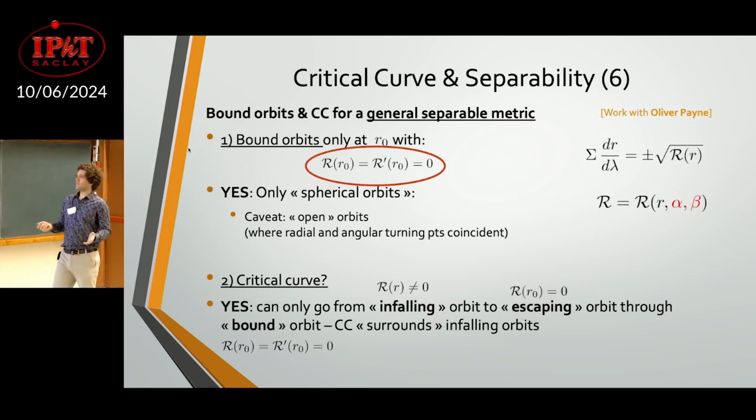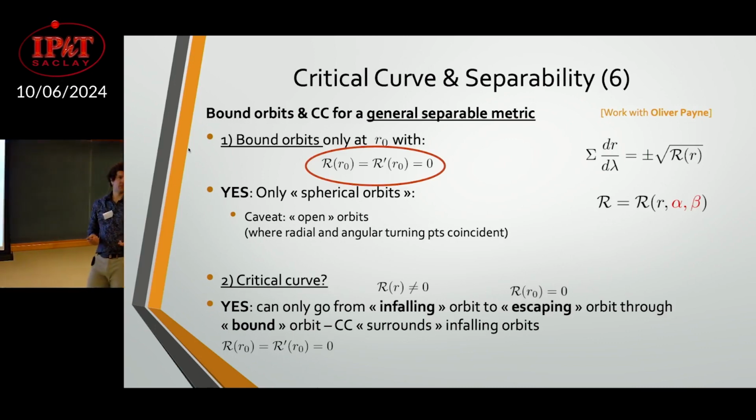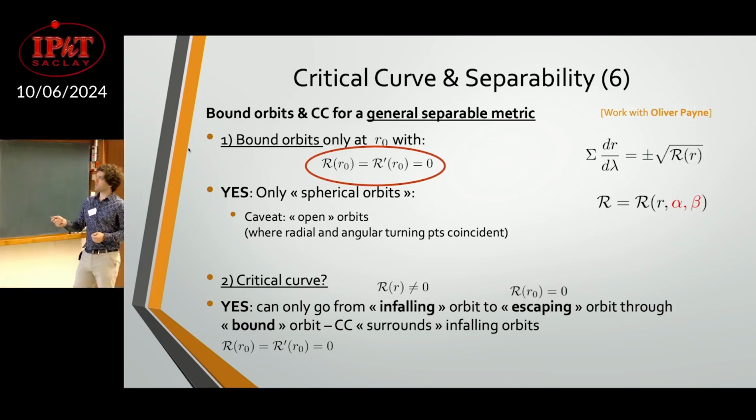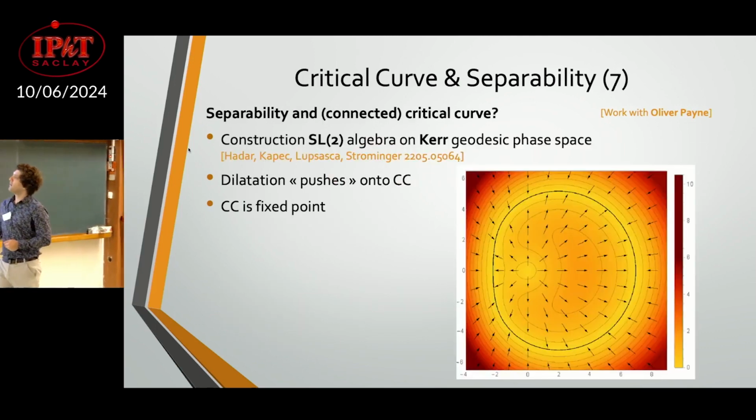The only way to go from an infalling to an escaping orbit is by passing through one of these precise bound orbits. That tells you that there has to be a critical curve that surrounds the infalling orbits. It doesn't have to be circular, but there has to be a closed shape that surrounds all of the infalling orbits.